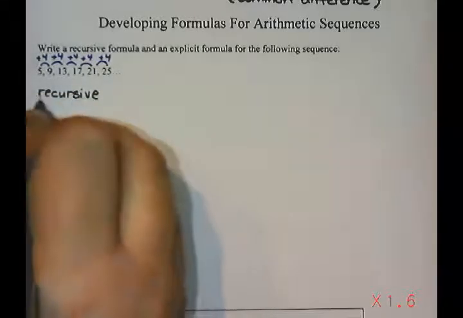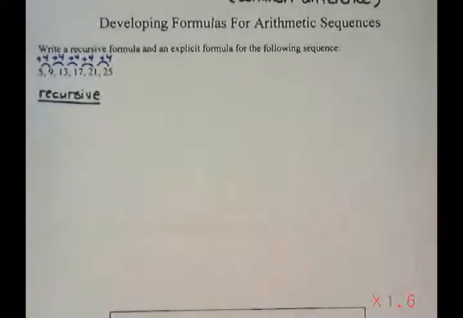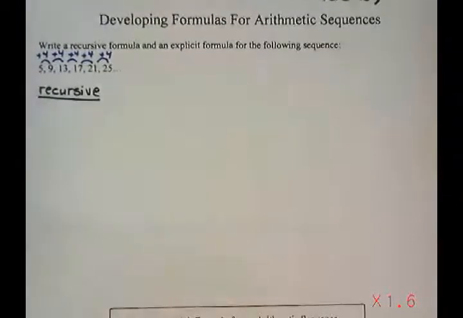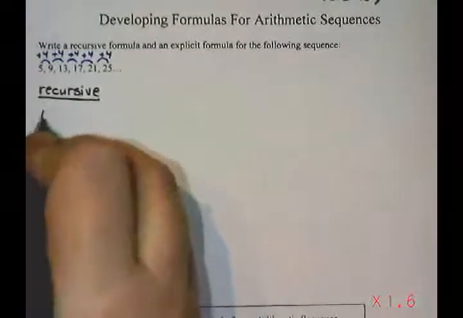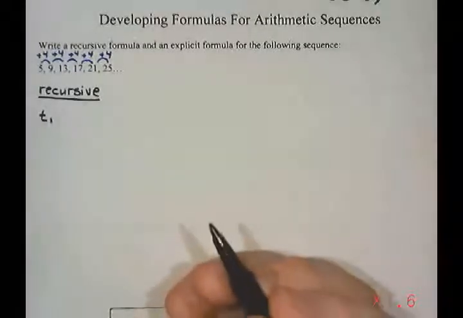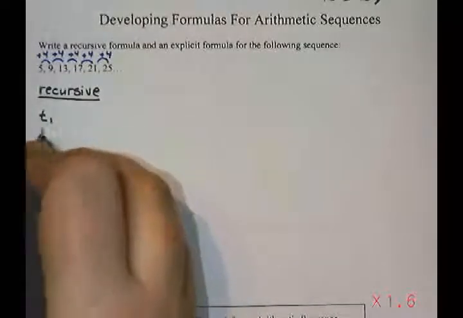To find the recursive formula, what I'm going to do is start by just listing out the terms, and I'm going to call them term 1, term 2, term 3, term 4, term 5, and term 6.